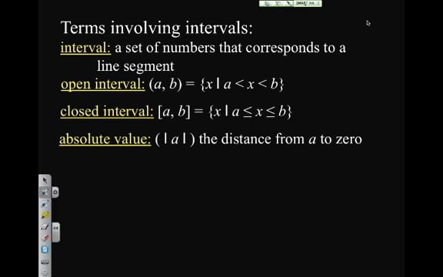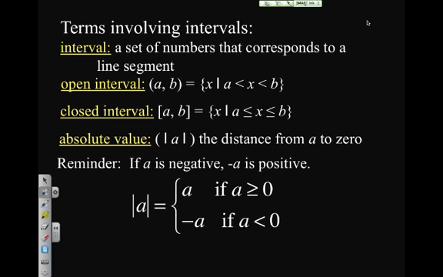And when we talk about absolute value, this is the distance from a to 0. Remember that if a is negative, the opposite of a is positive. This is why we talk about that, because our definition of absolute value is that the absolute value of a number is just the number itself as long as a is greater than or equal to 0. But the absolute value of a number is its opposite, not negative, but its opposite, if a is negative to begin with.